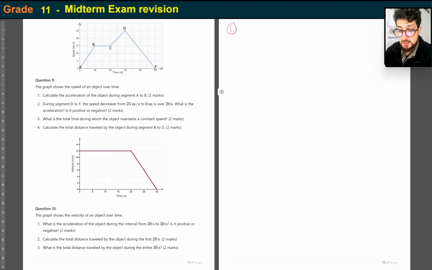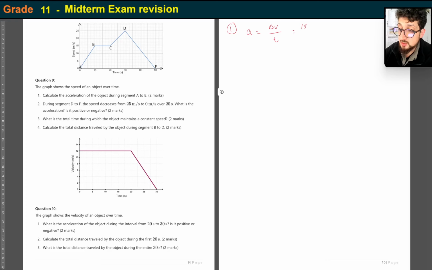Calculate the acceleration of the object during segments A to B. Okay, so what they're asking for is obviously the gradient. So what we need to do here is calculate the slope or the gradient, because the slope of a speed time graph or a velocity time graph is equal to the acceleration. So in this case, acceleration equals change in velocity over time, which basically just means final velocity minus initial velocity over time.